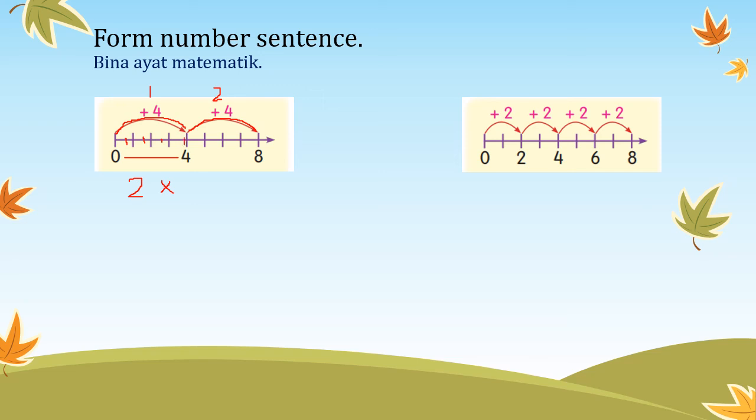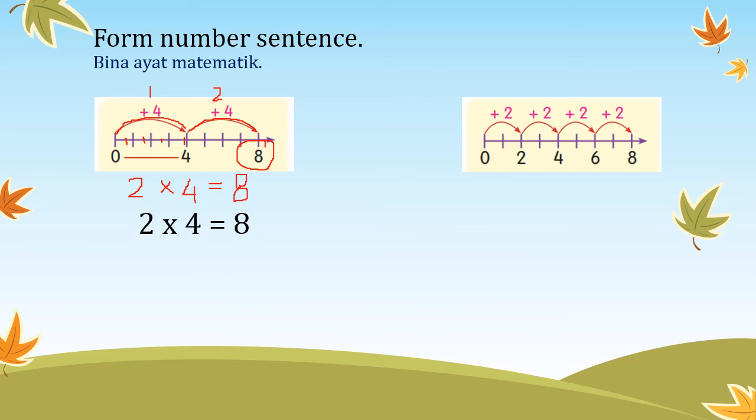Maksudnya ada 4 jarak dia. So, 2 times 4. Okay. Is equal to, the last number here is 8. So, the number sentence is 2 times 4 is equal to 8.